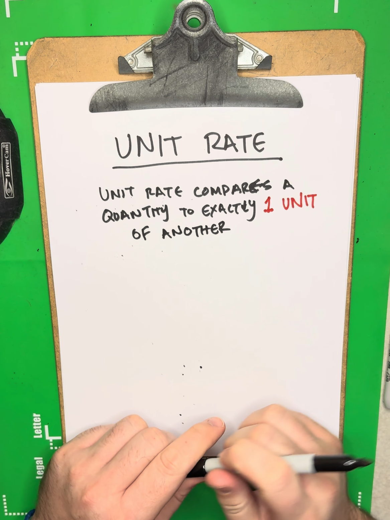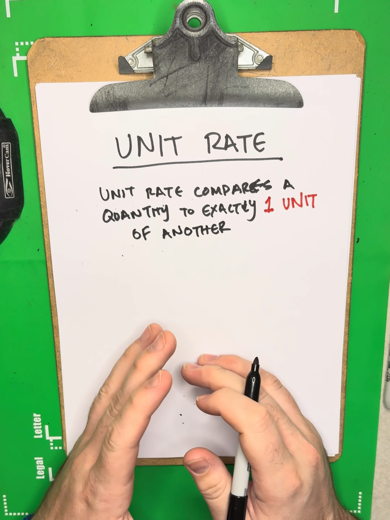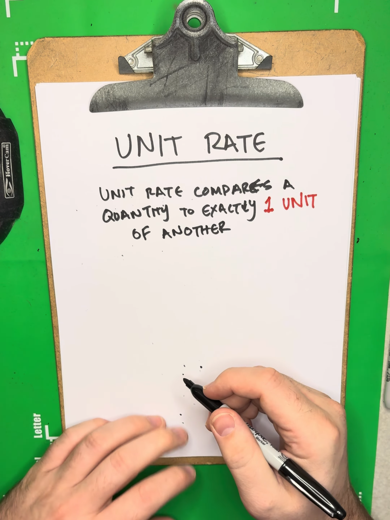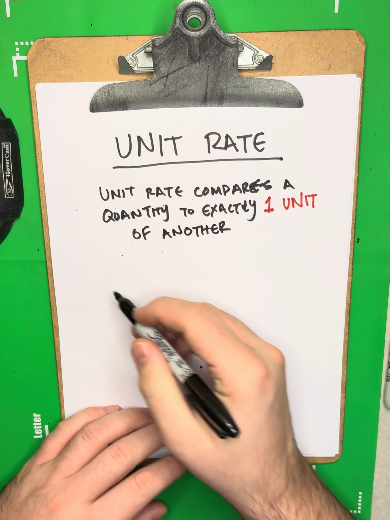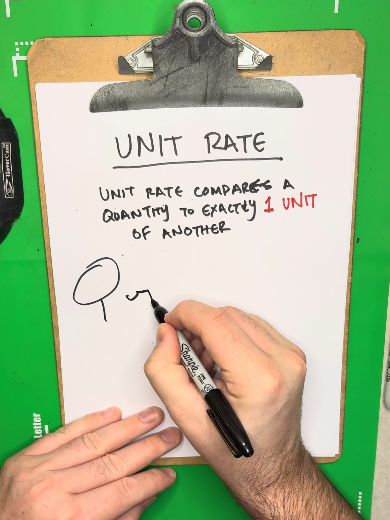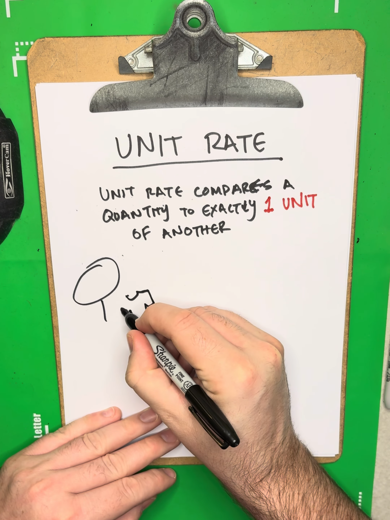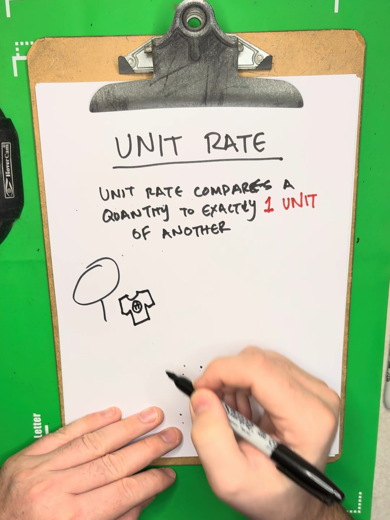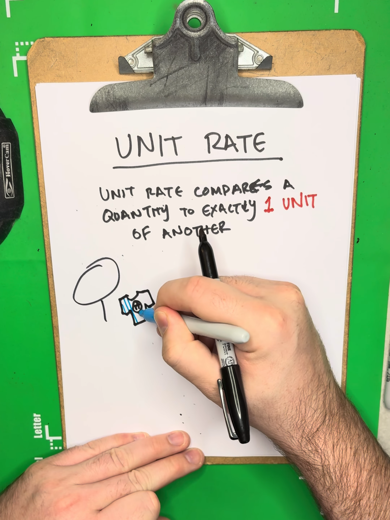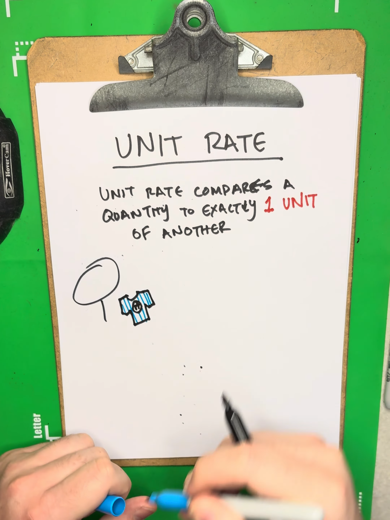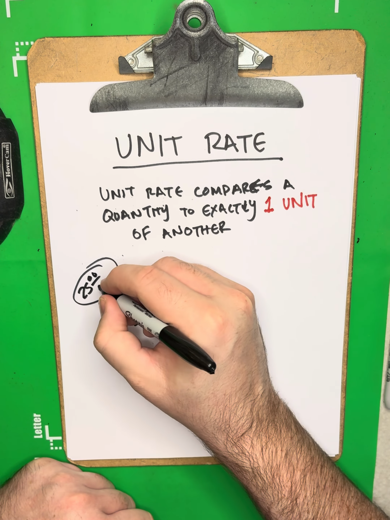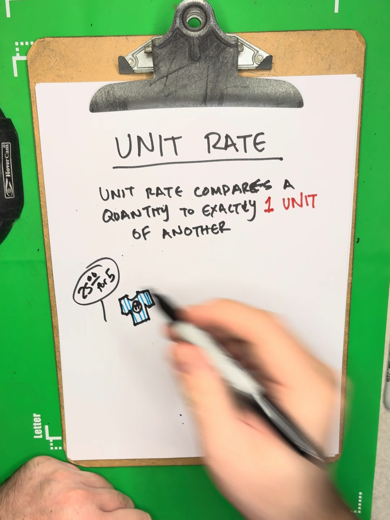All right, so let's look at an example here. If I am thinking about the one we've had in class before, you went to a store and they had a deal going on, 25 for 5.